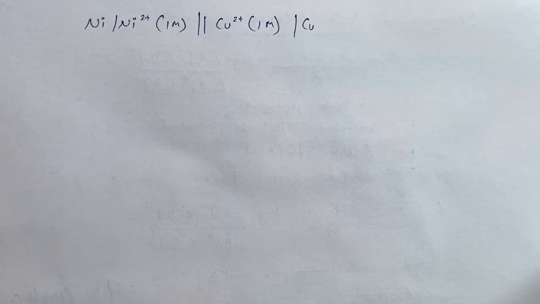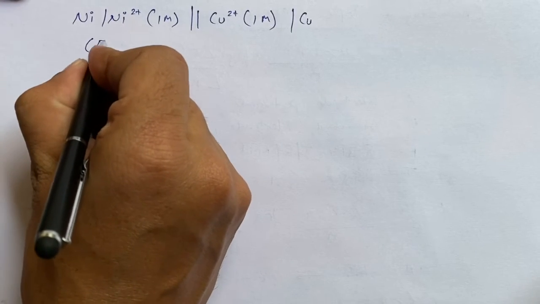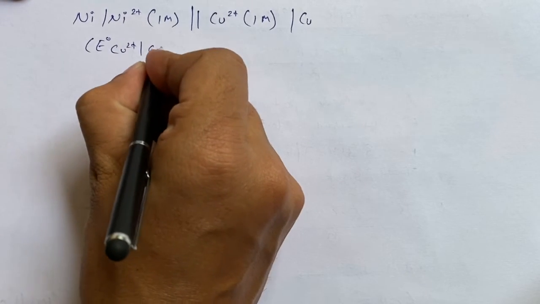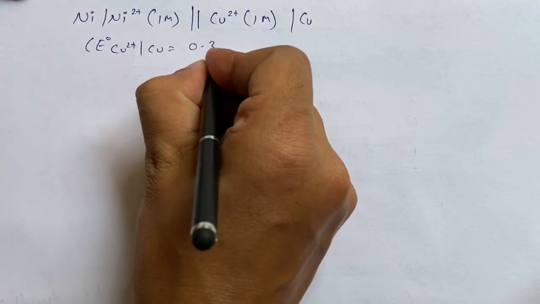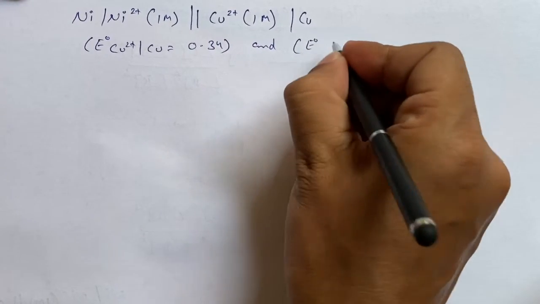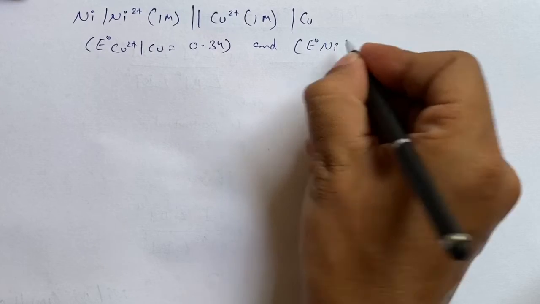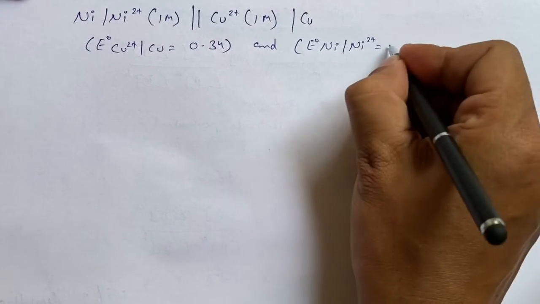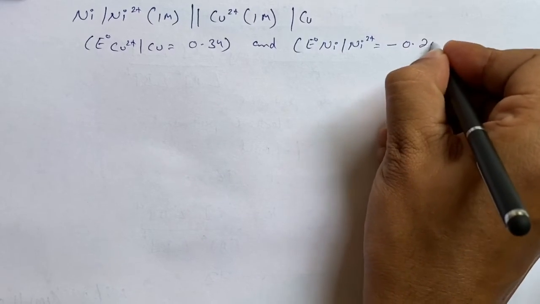Now let us take an example of a cell reaction: Ni bar Ni2+, salt bridge, Cu2+ bar Cu. The value of E naught for Cu2+ bar Cu is 0.34, and the value of E naught for Ni bar Ni2+ is minus 0.25.